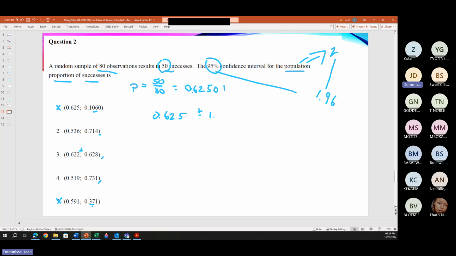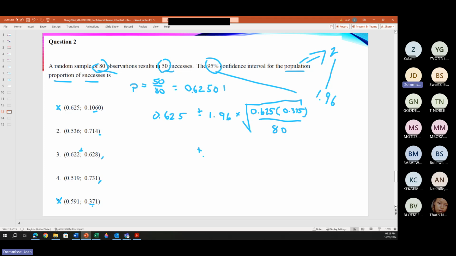So the Z, 1,96, and then multiply by the standard error. So the standard error that we also did in study unit 7. So the 0.625 times 1 minus 0.625, and that divided by the sample, which is 80.